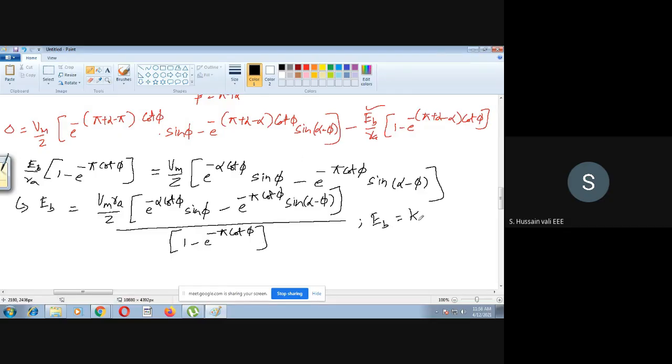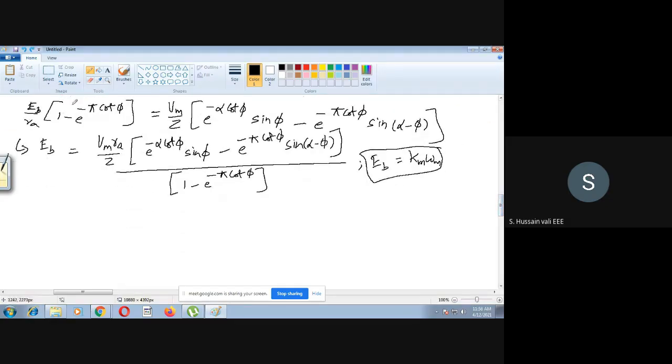Then once again, what is EB? We know EB is equal to Km omega m. This we got already. So then what is omega m? Omega m is equal to, so send this Km towards the right hand side. Rather than writing once again, I will just copy this here.